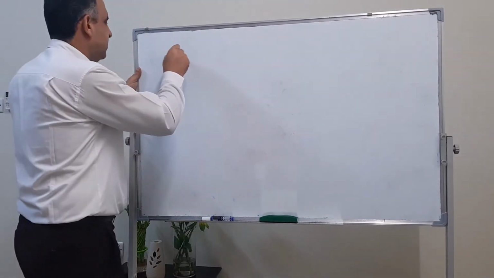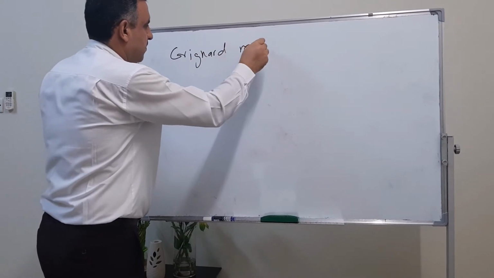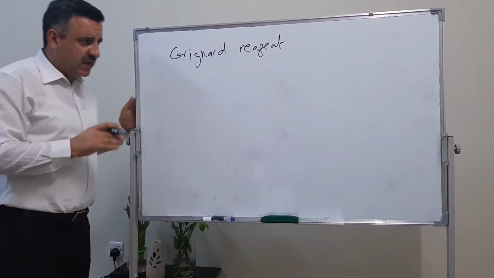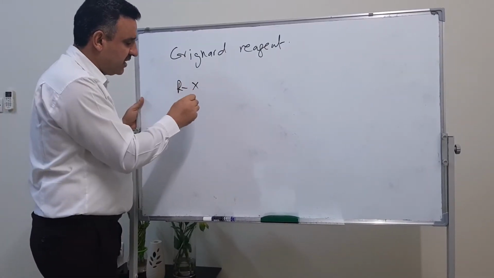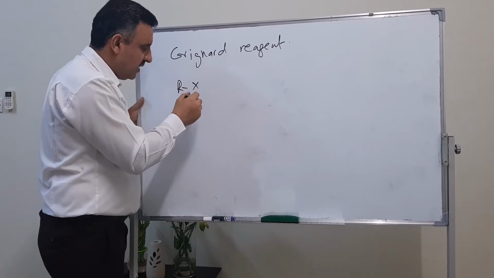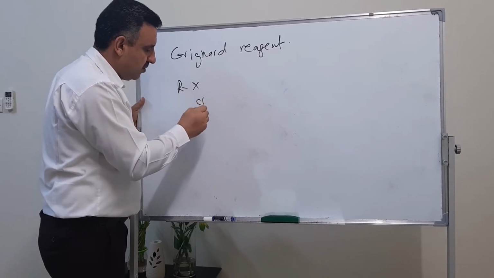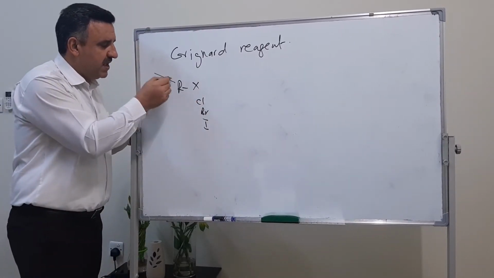Grignard reagents. We have a very famous reaction. If we take any alkyl halide, RX, where X here is any halogen, like for example chlorine, bromine or iodine. And the R here can be anything.